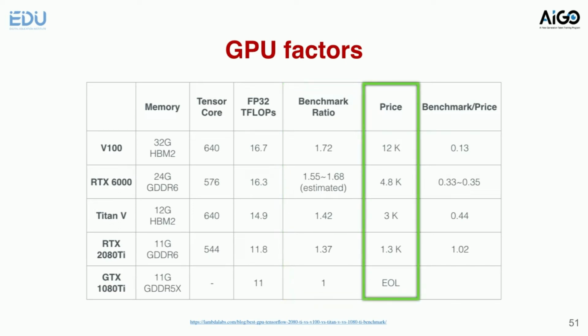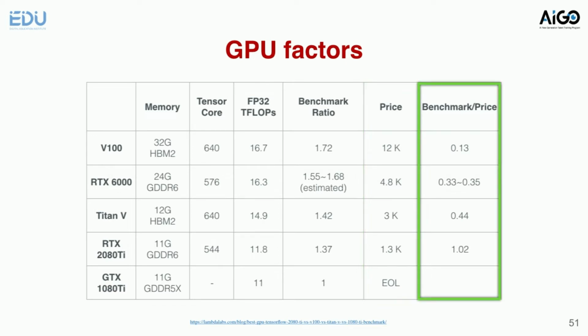And this is the price, and we calculate the benchmark divided by price. You may see the most cost effective is, of course, the RTX 2080 Ti, and the V100 is the least cost effective.